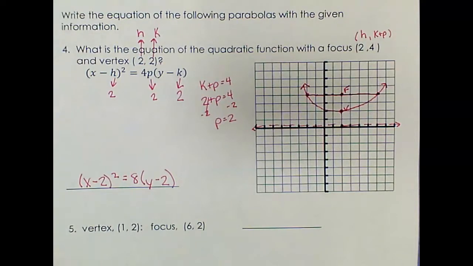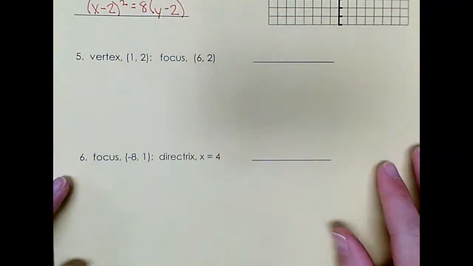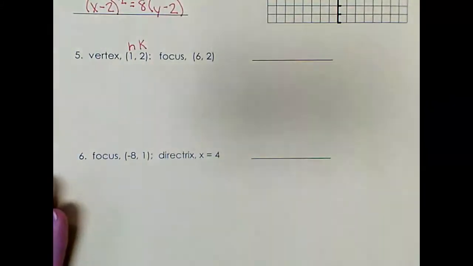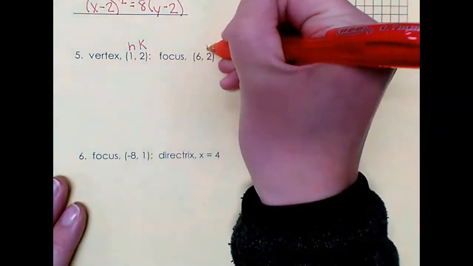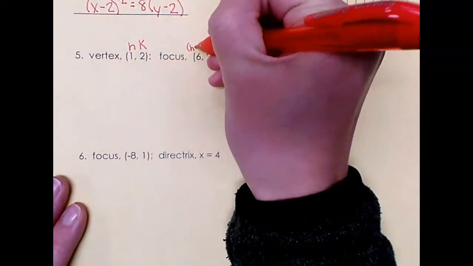Okay, so let's see what number 5 gives us. Number 5 gives us a vertex, h and k, and it gives us a focus. Well, the only thing that's the same is not h, but k. So that means that this must be h plus p.